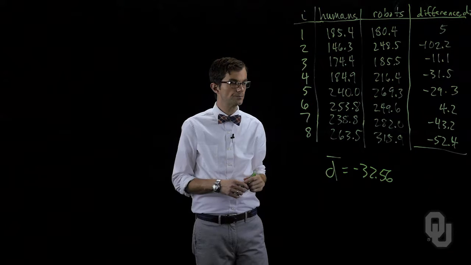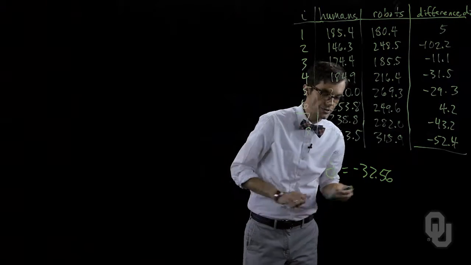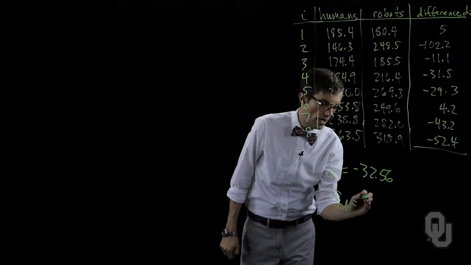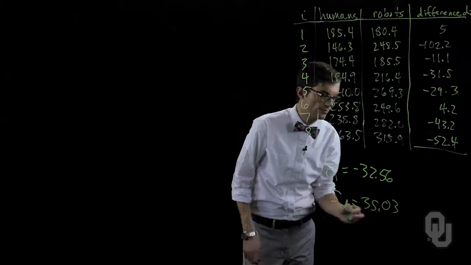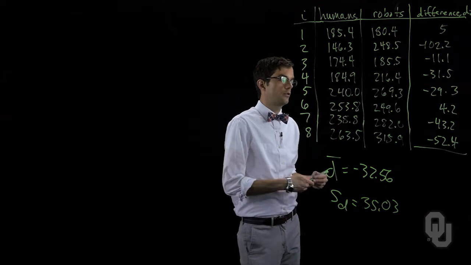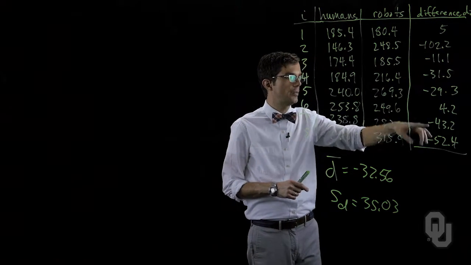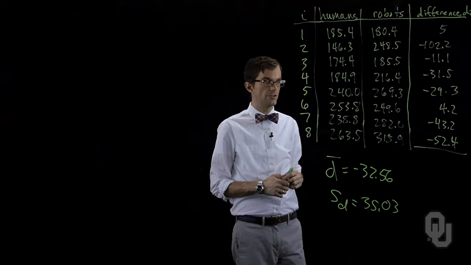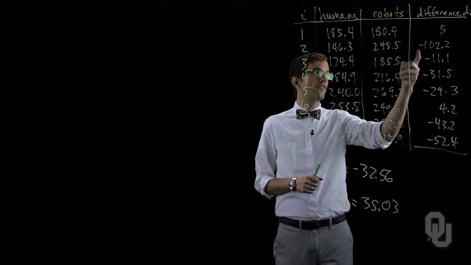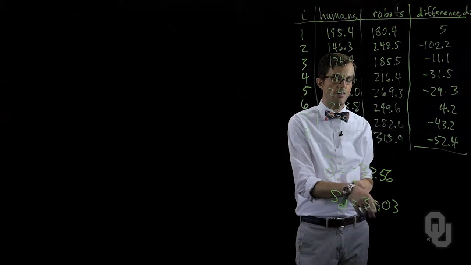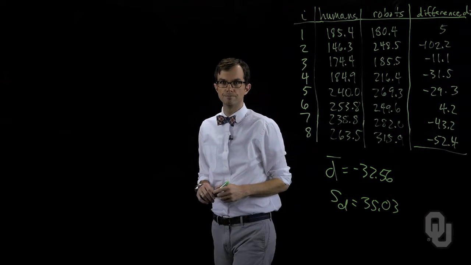And what was the standard deviation? Well, the standard deviation is actually kind of big. It's 35.03 throughput units. So we have a fairly high variability given this average. And why is that? Well, we have a fairly large negative number here, 2 positive numbers. That's producing a somewhat high variability.